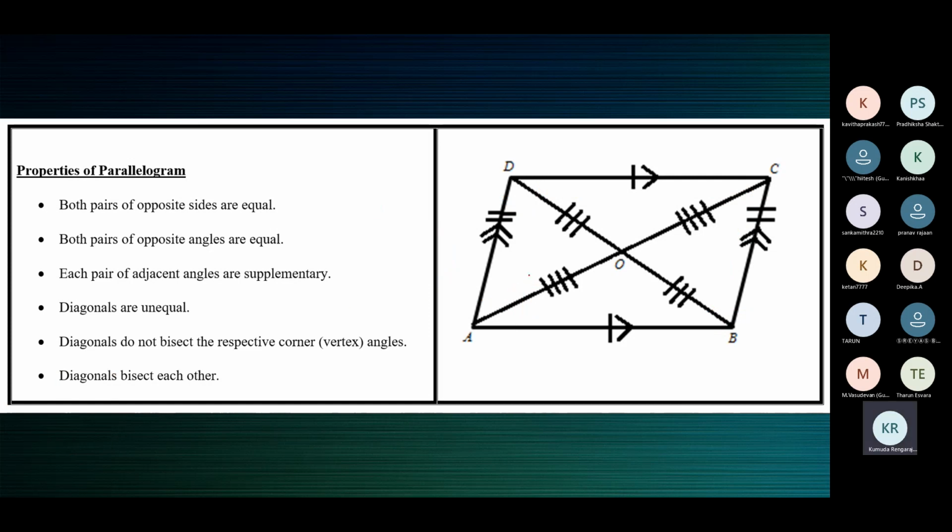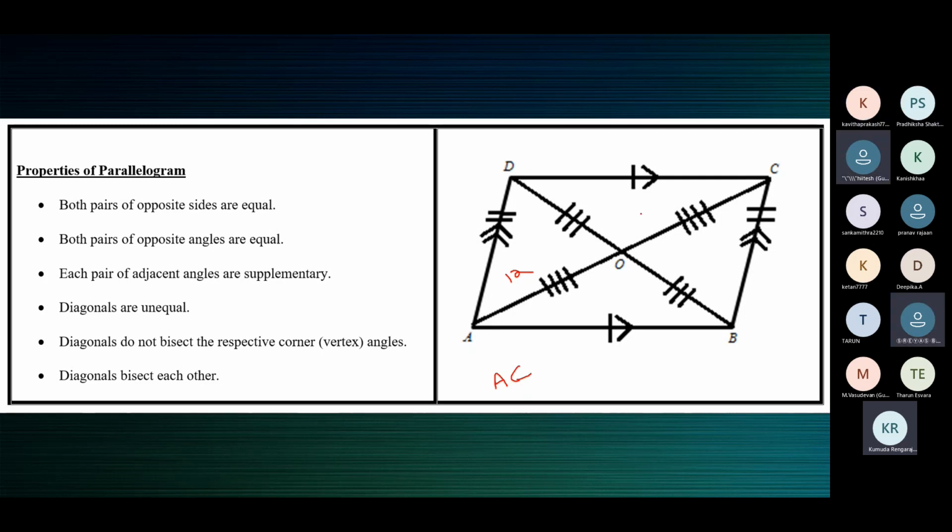Now tell me, if AO is 12 centimeters, what is the length of AC? 24 centimeters. 24, ma'am. How? What is OC? How much is OC?